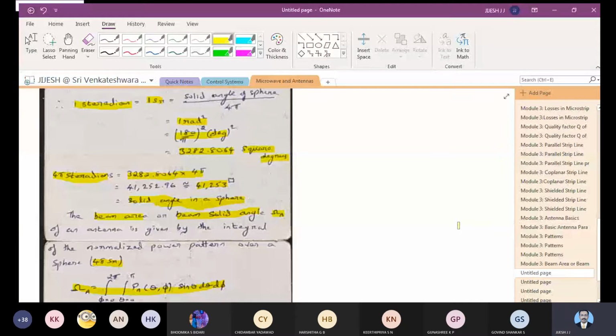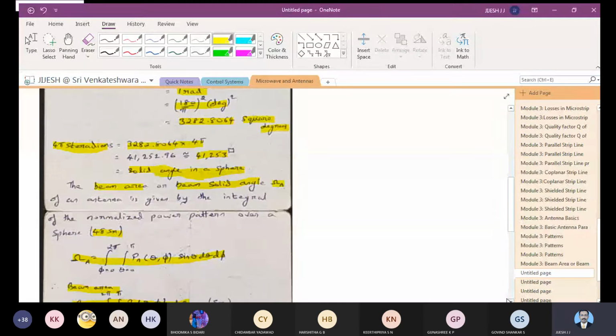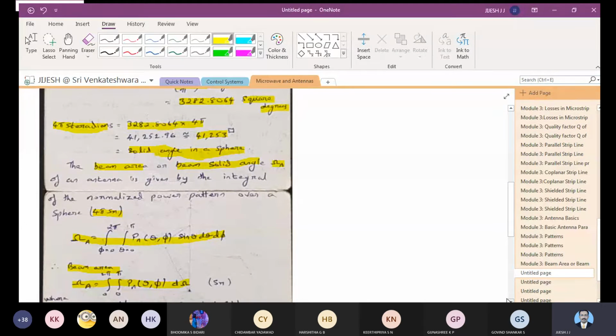So put the equation of omega A in a square bracket: omega A is equal to the integral from 0 to 2 pi, 0 to pi, of Pn theta phi d omega. It is a very important equation, and we are going to use it in many of the problems further on. So all of you have completed till the beam area omega A equation.